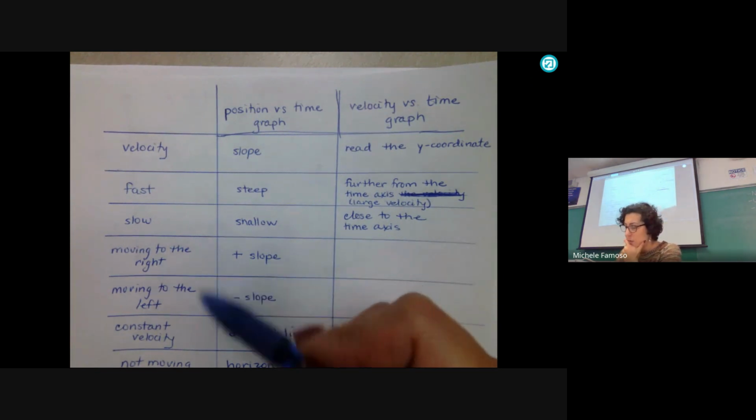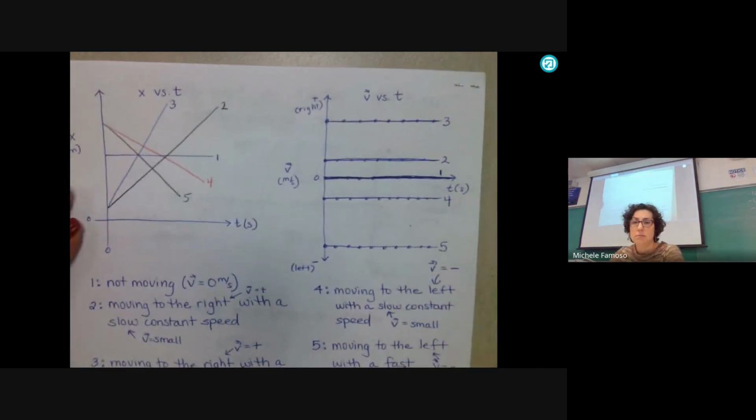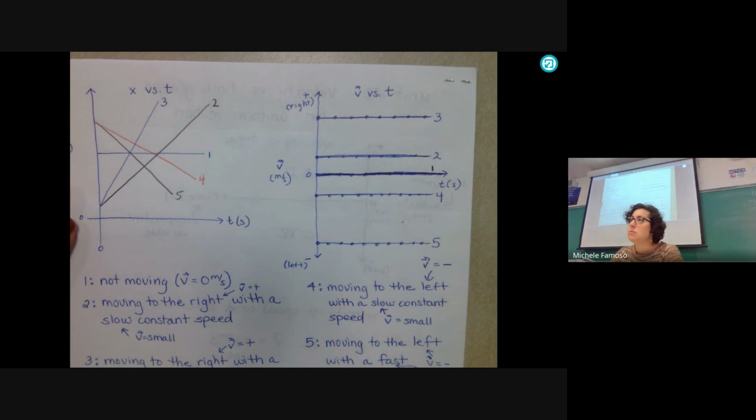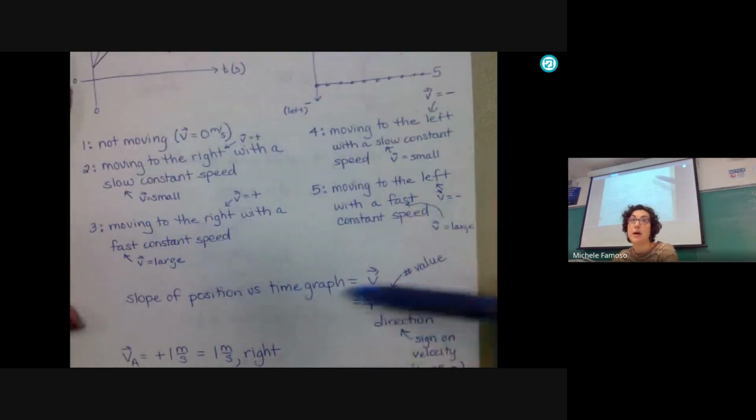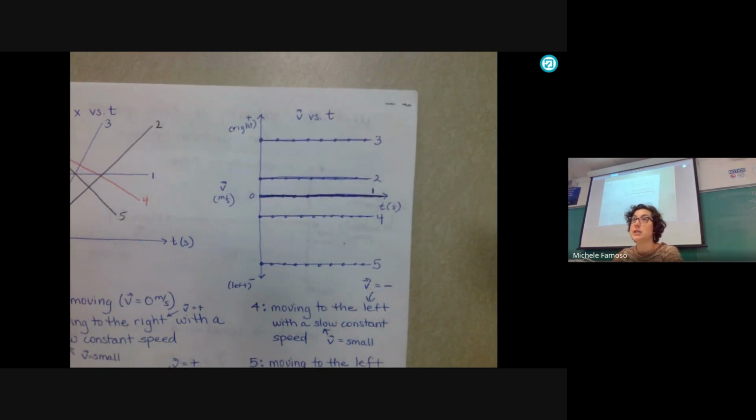Now let's think about right and left. On this graph, which objects are moving to the right? And we had our descriptions of motion down here as well, so that may help you. Which ones were traveling to the right? Jack? Yes, 3 and 2.